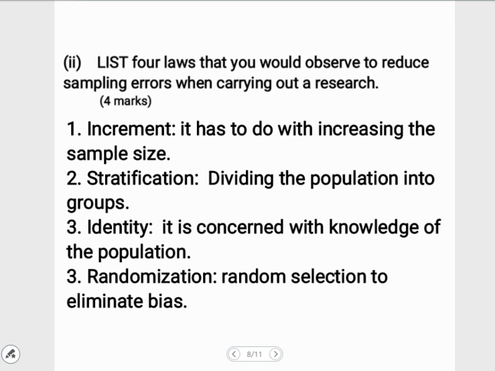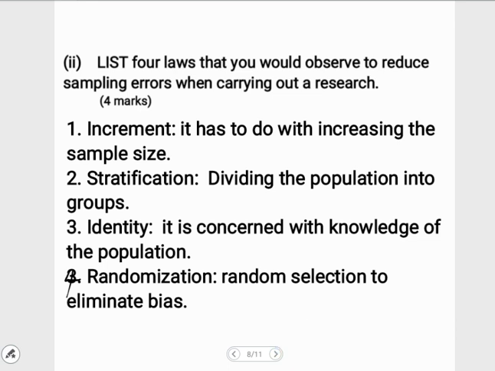Number 2, stratification, that is, you have to divide the population into groups. Identity, it is concerned with knowledge of the population. Then the fourth one is randomization, which is the random selection to eliminate bias.